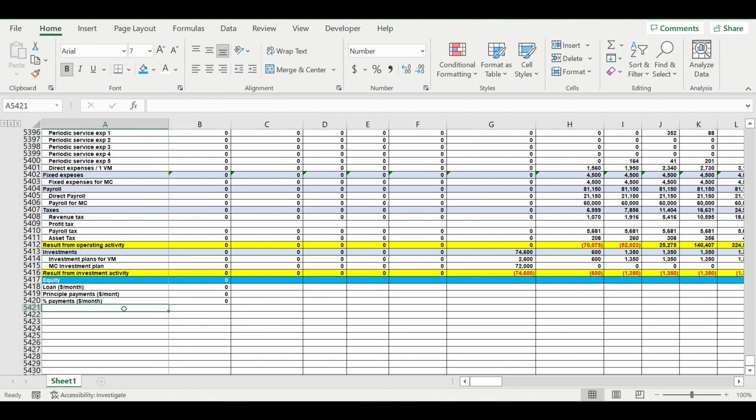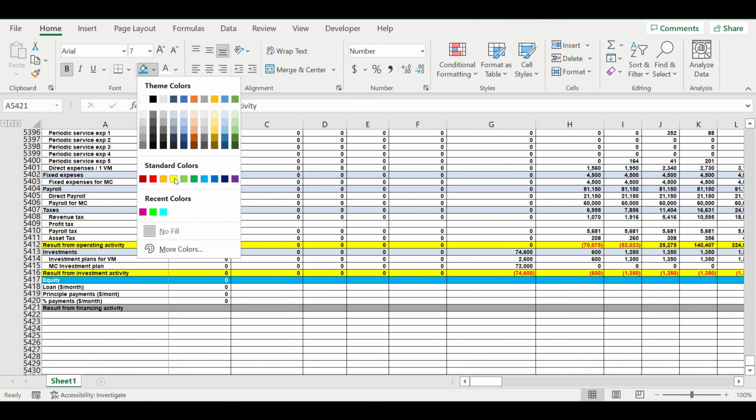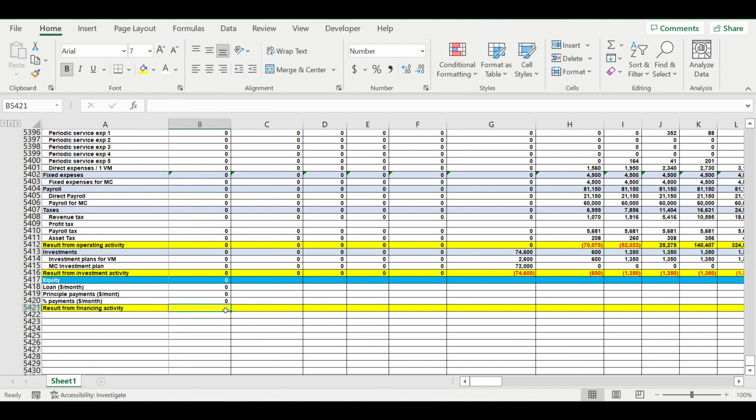Here we will have the result from financing activity. This plus this minus this minus this.